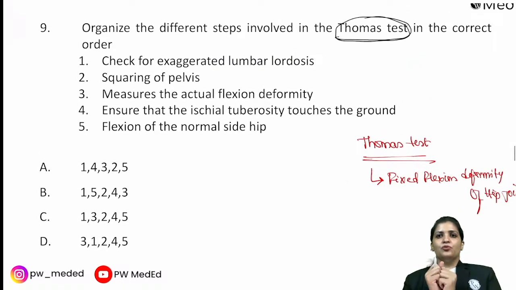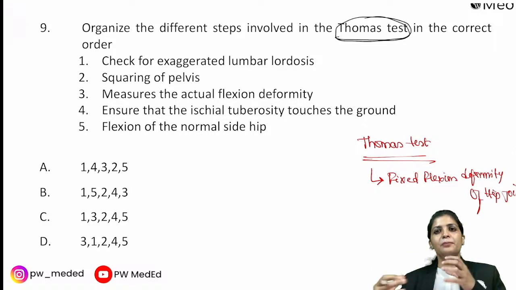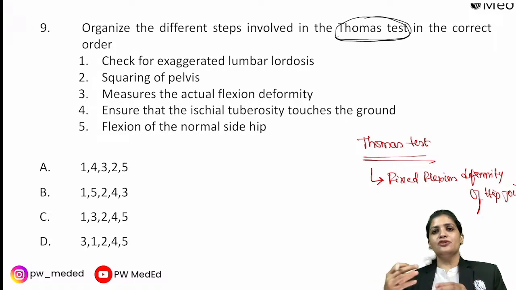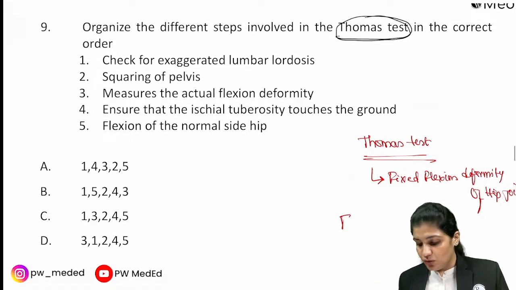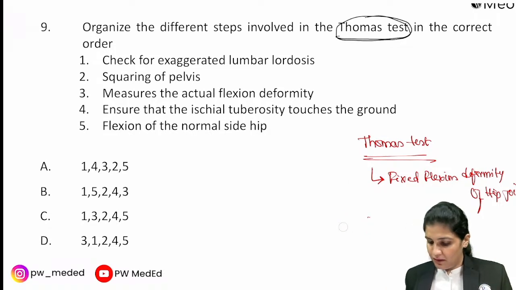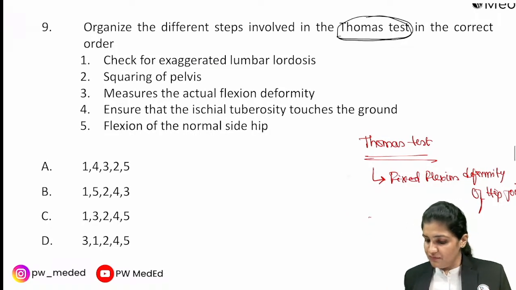Here what you have to remember is there will be deformities in the hip joint based upon the pathology. Whenever there is an AVN or osteoarthritis in the joint, there will be the pull of the muscles, and there will be loss of extension in that particular hip joint. This is called a flexion deformity, which is not fixed, just a flexion deformity.